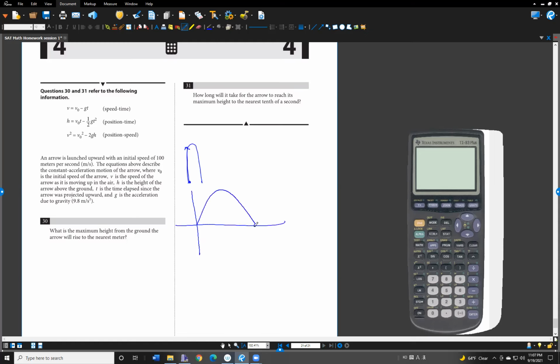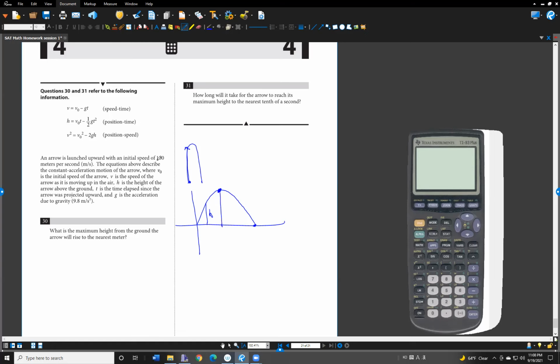The difference between final velocity squared and initial velocity squared equals negative 2gh. This is very weird, and if you don't understand the physics, it's a little confusing. What is the maximum height from the ground the arrow will rise to, to the nearest meter? Where is the maximum height? This is the maximum height.